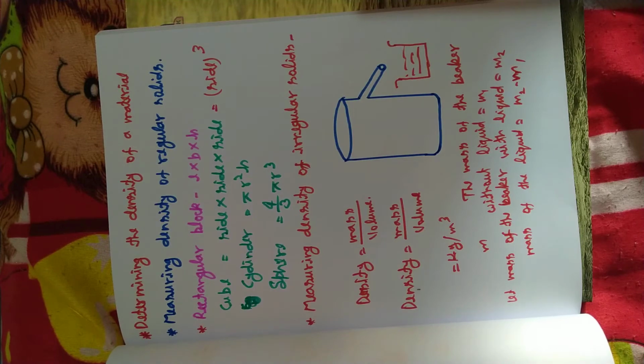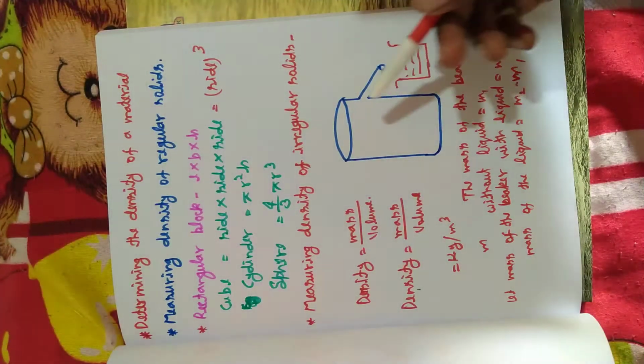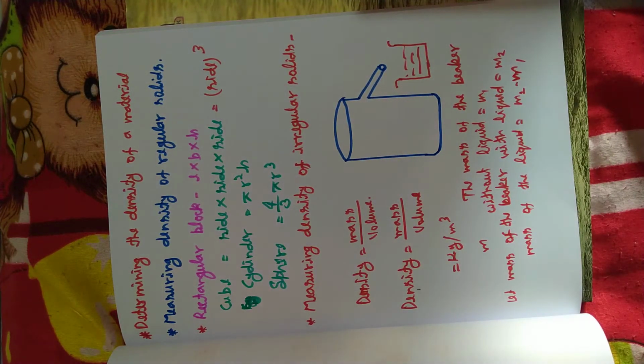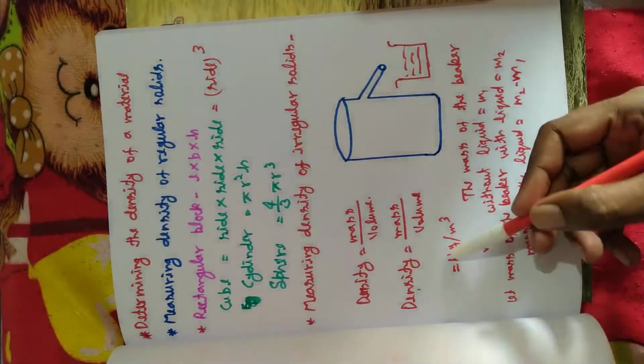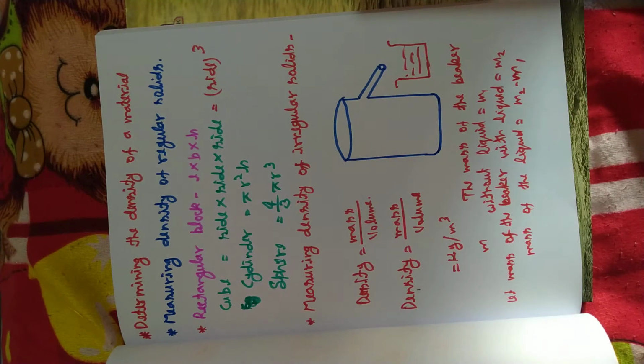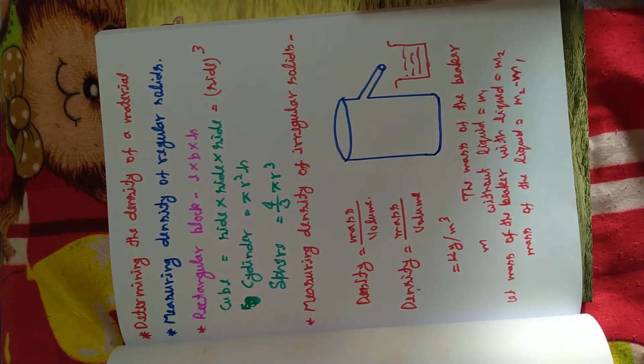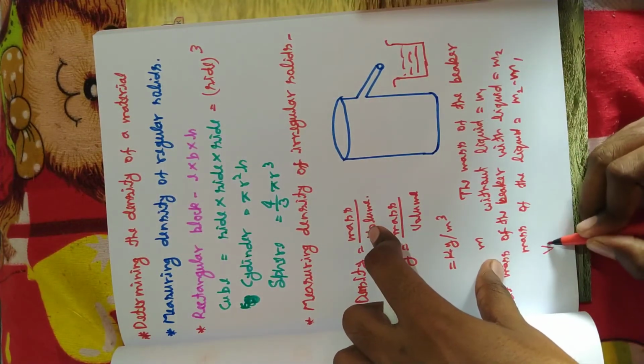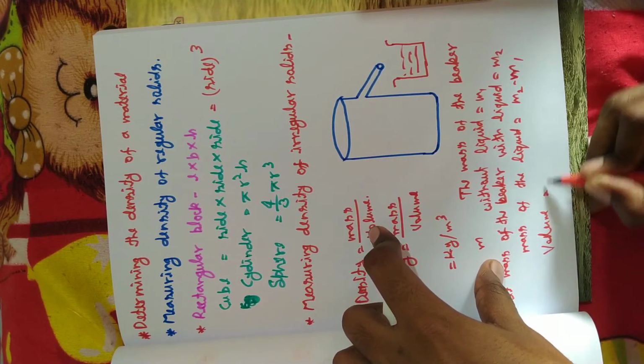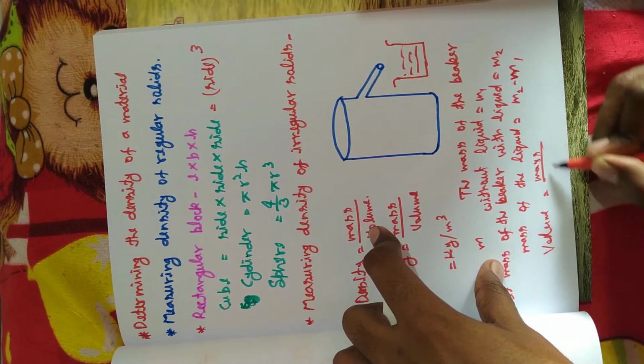Now you can calculate the density of the irregular shaped solid by using the formula density is equal to mass upon volume. This is the first method for measuring the density of an irregular shaped body. Again I repeat, first of all find the mass of the liquid, and then find the volume. Listen carefully, volume is equal to mass upon density.